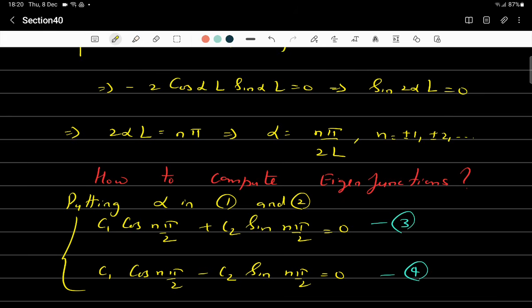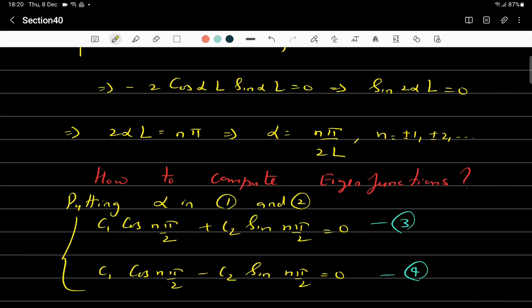Now for this value of alpha, it has a non-trivial solution, or infinitely many solutions. Infinitely many solutions means, especially in case of two variables, there are two parallel lines, and it means we need to consider any values of c1 and c2 which satisfy either equation 3 or equation 4.